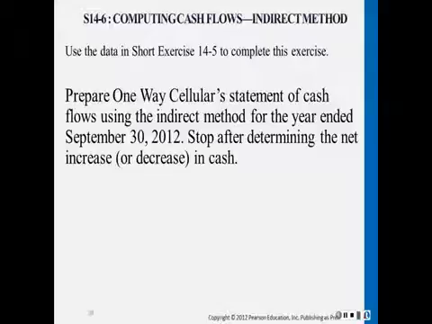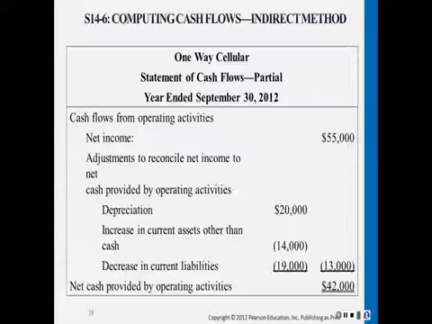Short exercise 14-6 focuses on computing cash flows using the indirect method. The exercise continues on this slide.